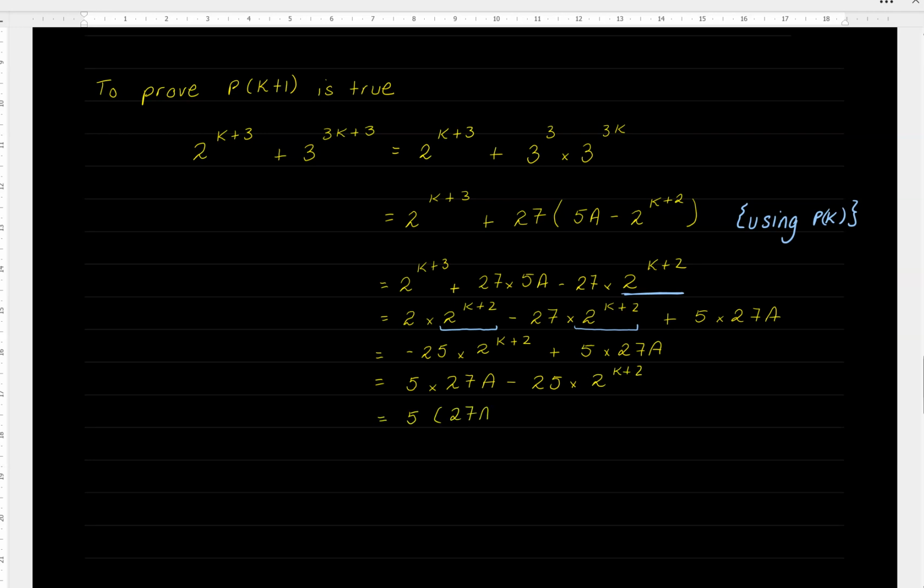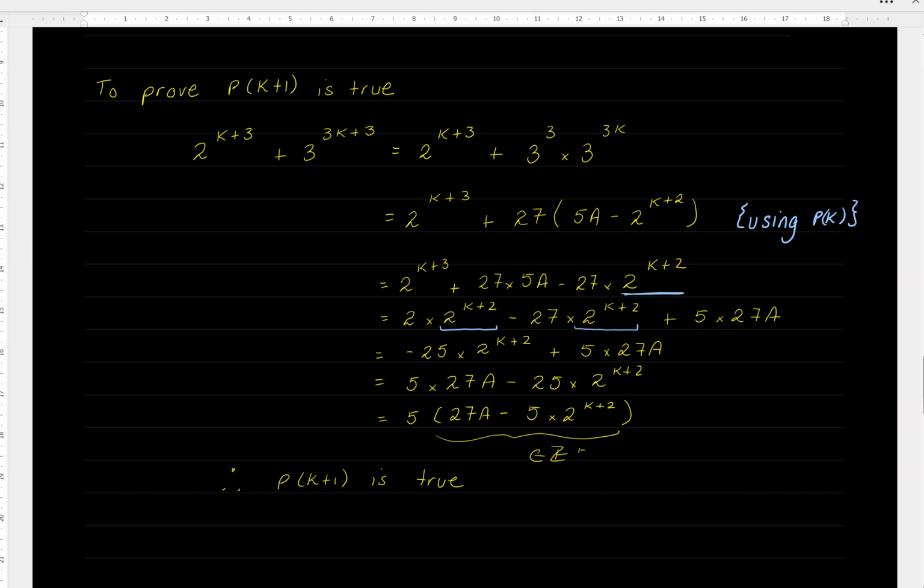So 5 lots of 27a minus 5 lots of 2 to the k plus 2, and we've already established that that is indeed an integer. So therefore, pk plus 1 is true. It is indeed divisible by 5.